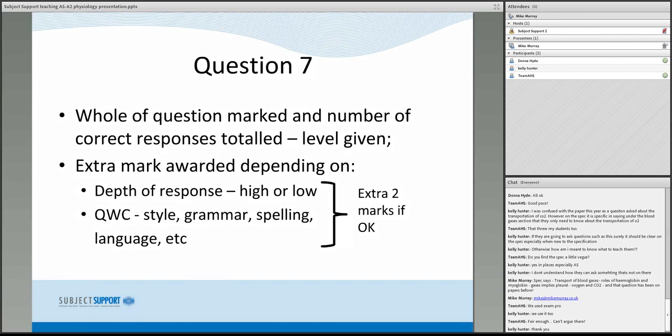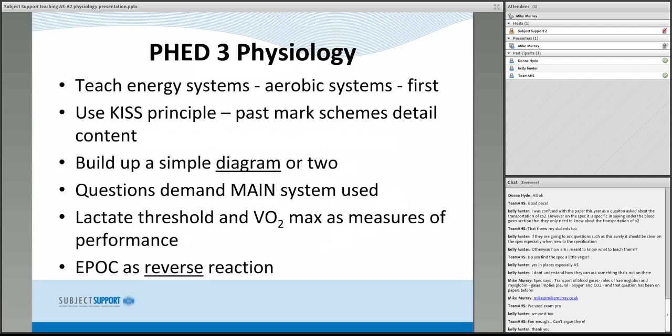We're looking at Fed 3, the A2 part of the course. Again, looking at content and suggestions and everything else we can think of. I think if you're teaching physiology, you should teach energy systems first, day one. And I think it just works better if you teach aerobic systems first.